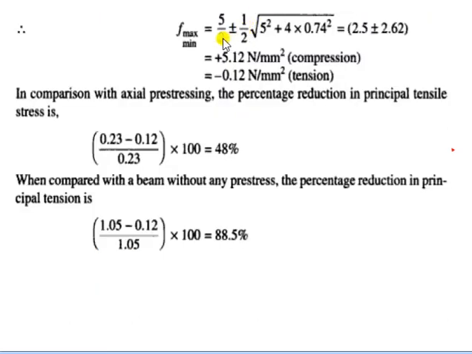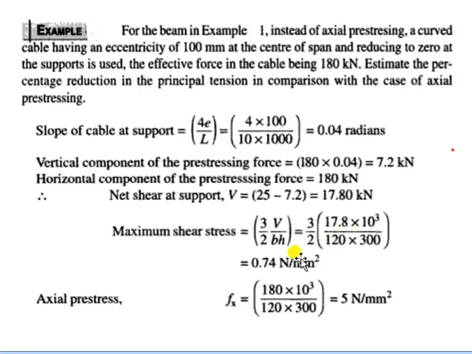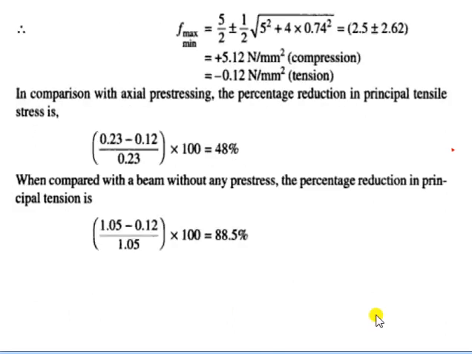The same thing has been done here: f of x by 2 plus or minus 1 by 2 square root of f of x square plus 4 tau square. Tau is 0.74, the maximum shear stress, and f of x is 5. So f maximum and f minimum are equal to plus 5.12 and minus 0.12 Newton per millimeter square.